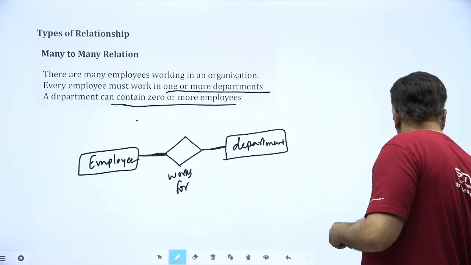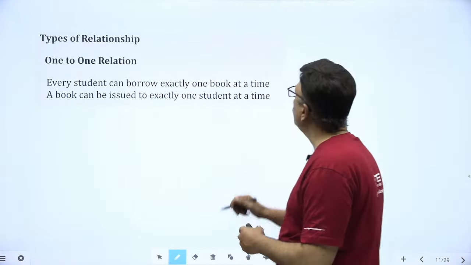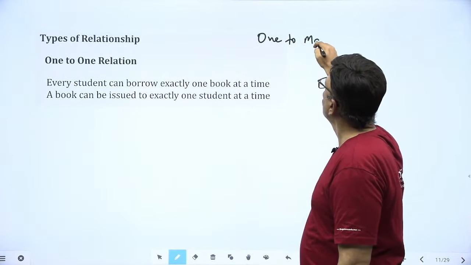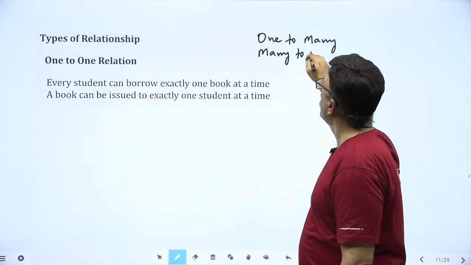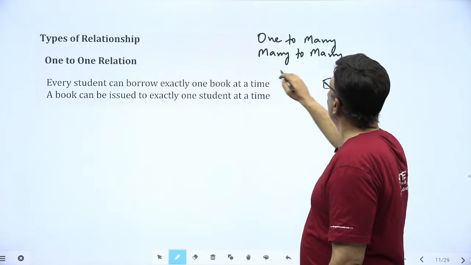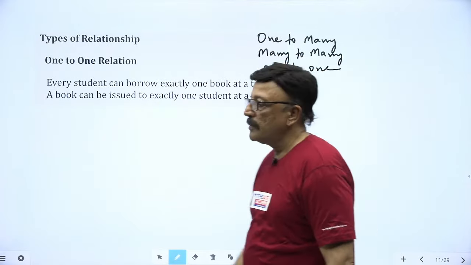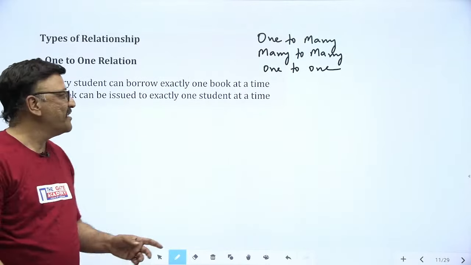Now, let's come to the third type of relation. By the way, we have explored one to many, many to many, and now we are exploring one to one. I have just modified a few sentences here. Just check.